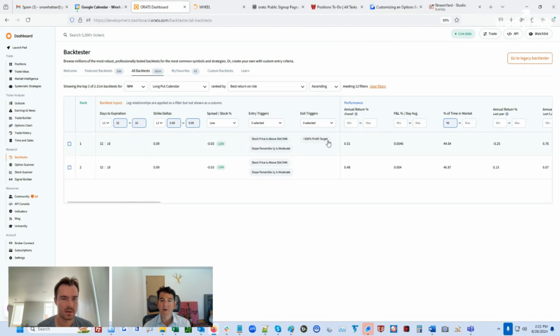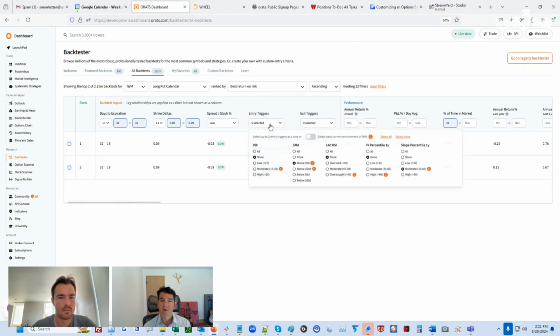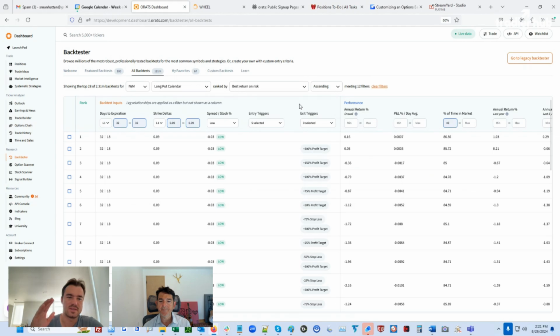So this one had a 300% profit target. If we select none here, we're just looking at strategies with similar days to expiration, strike deltas and spread yield. What are the common attributes?